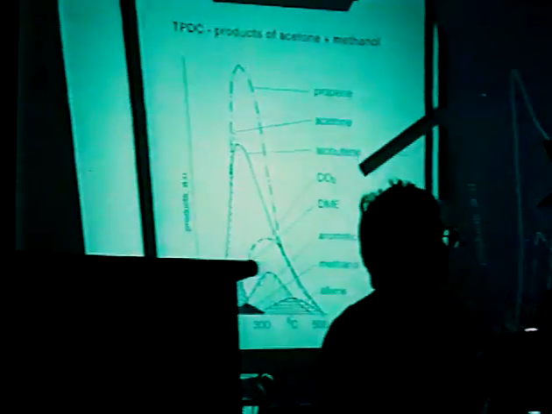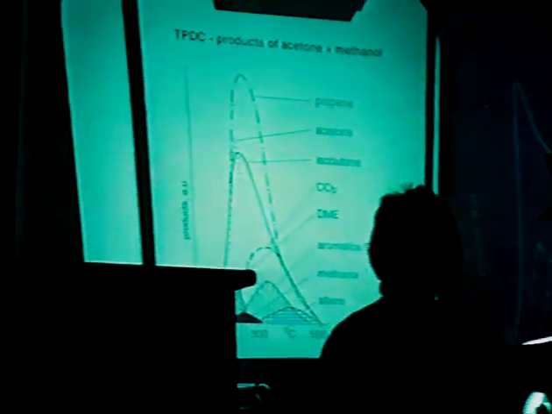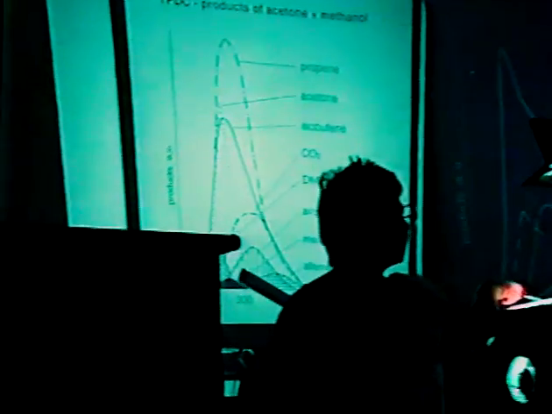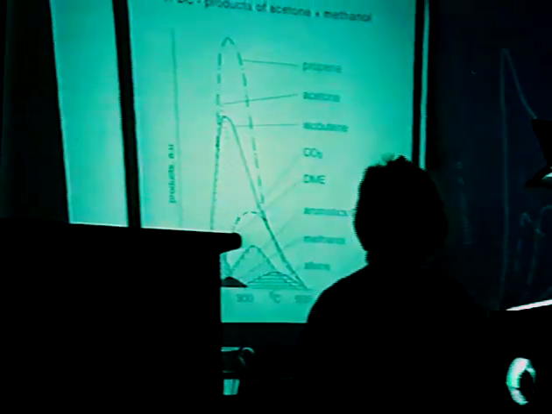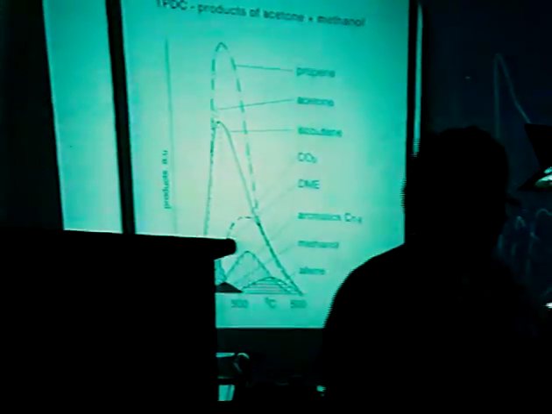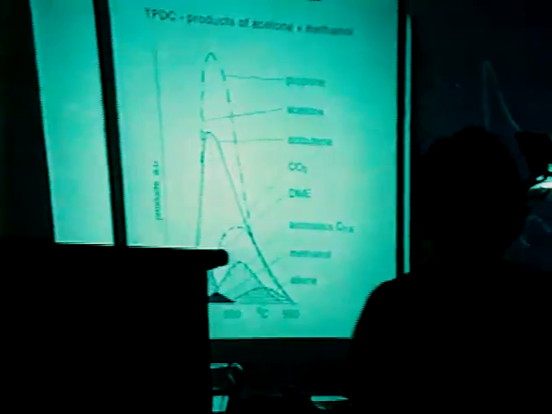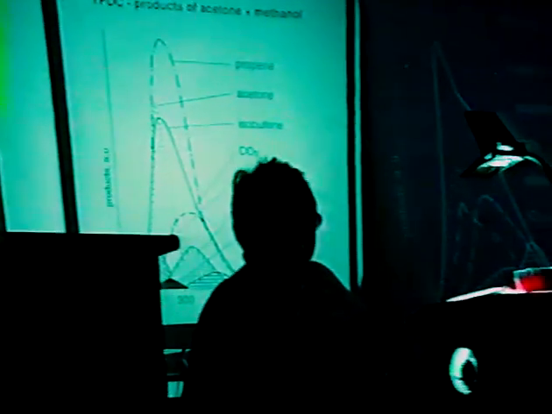Acetone, isobutene, CO2, aromatics are formed, alkene is also formed. In addition, some methyl ether from methanol and some unreacted methanol appear. So now we know that methanol doesn't react with the keto group, and that the composition of the products is not very much changed.